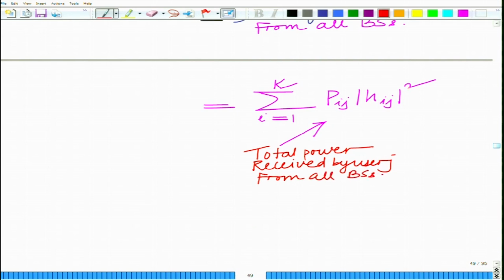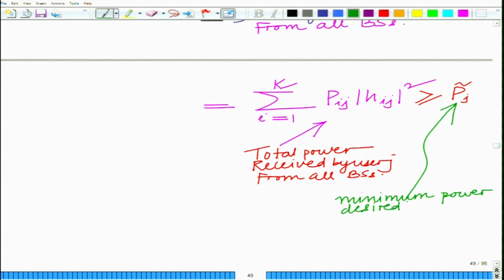Now what we will say is, this has to be greater than or equal to some quantity Pj tilde. This is the minimum power that is desired by user j. So the total power received at user j has to be greater than or equal to Pj tilde, the minimum desirable signal quality at that particular user.